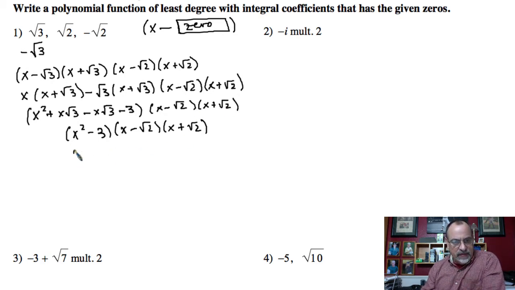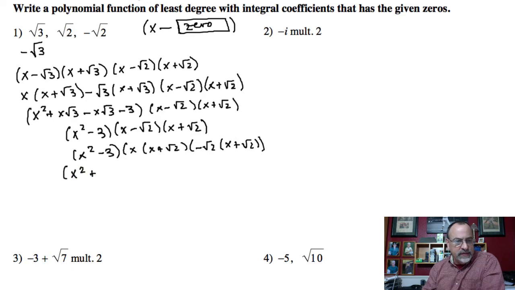So I'm going to keep this x squared minus 3, and then I'm going to distribute these two. So I'm going to take this x and multiply it times this x plus square root of 2. And then I'm going to take this negative square root of 2 and multiply it times this x plus square root of 2. Alright, so I still have this x squared minus 3.